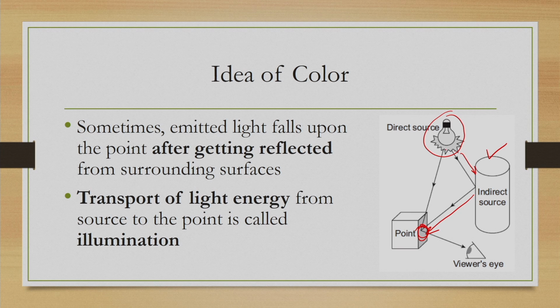Now, this transportation of light energy from the source to the point is called illumination. So, this is of course one process of transporting light energy from a source to the point, either directly or indirectly.